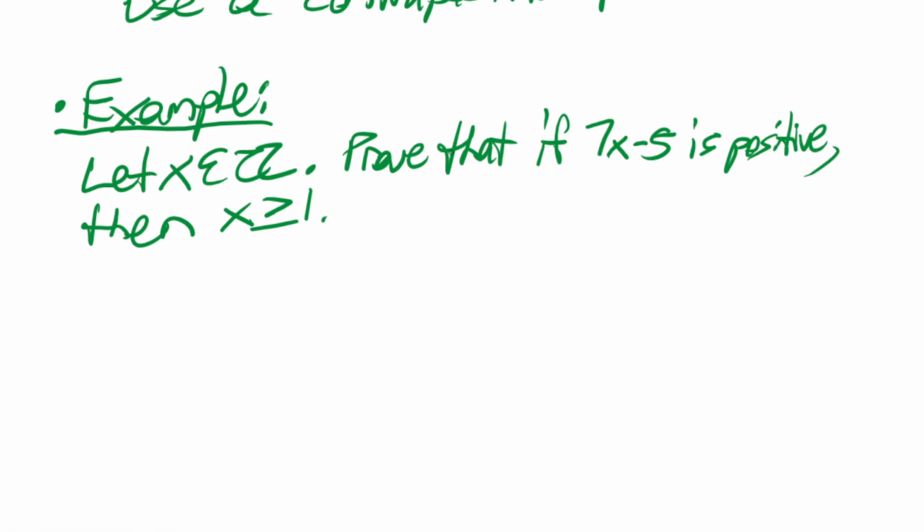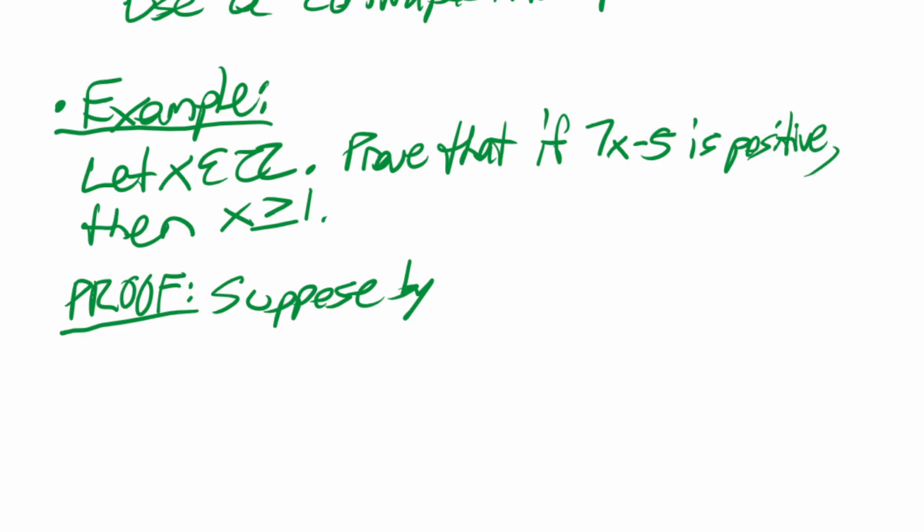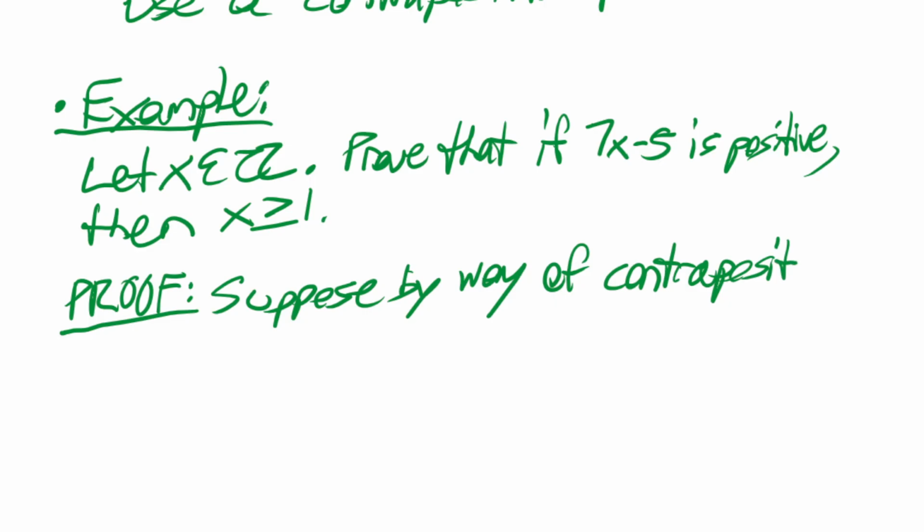Okay, well, let's write out our proof for this. So let's suppose by way of contrapositive that x is strictly less than 1.